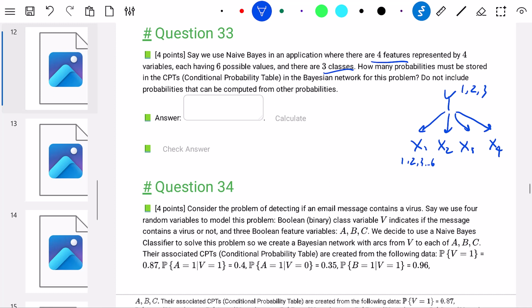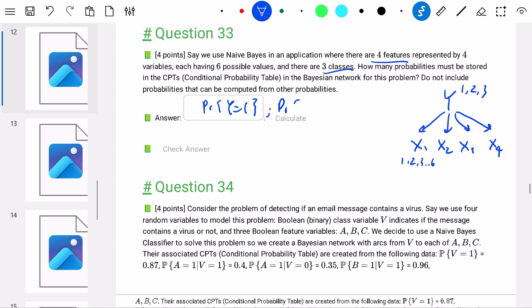The first group of conditional probabilities we need are the prior probabilities, so basically the probability of Y being 1 given the parents. Y does not have a parent, so it's just itself, and we need that.